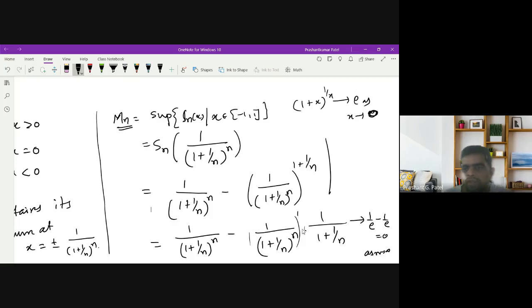So hence we can say that fn converges to f uniformly as n tends to infinity, and which proves that each fn is differentiable, but f is not differentiable under the pointwise convergence, and even in the uniform convergence.